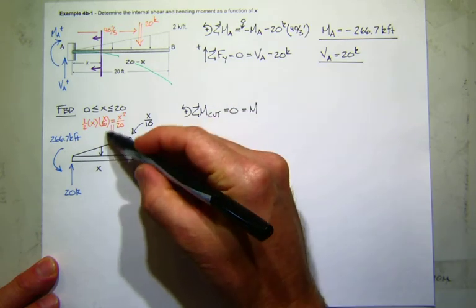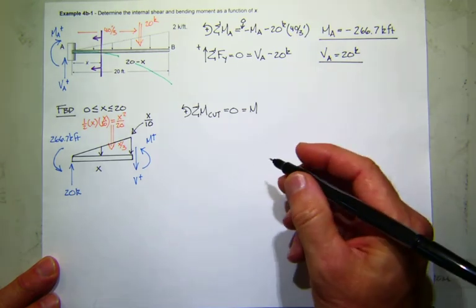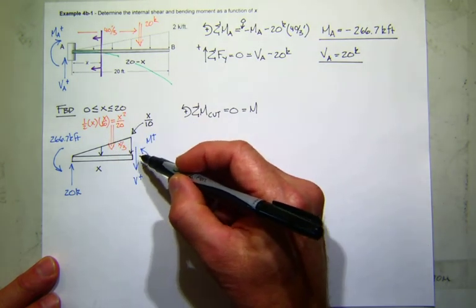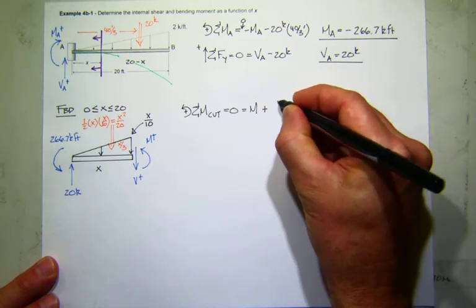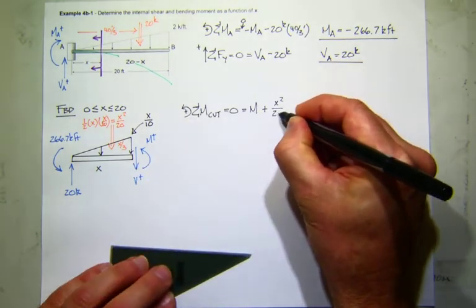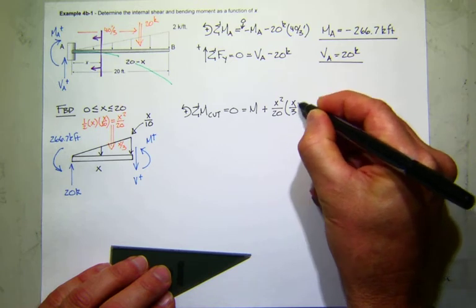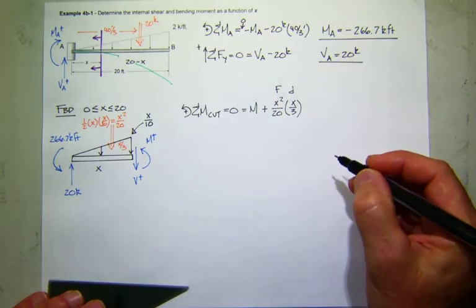About the cut, this force creates positive or negative moment? The concentrated equivalent force creates positive or negative moment about the cut? Positive. So the force is x squared over 20, and the moment arm is x over 3. So this is force, this is distance.